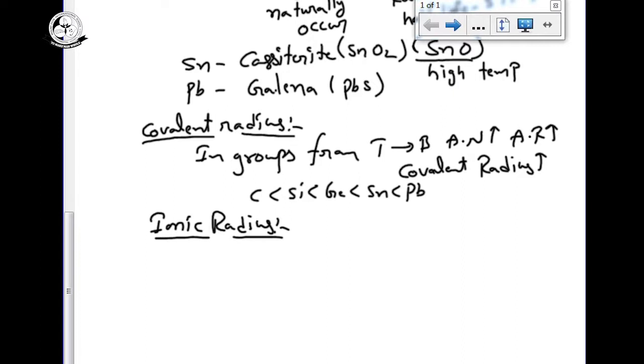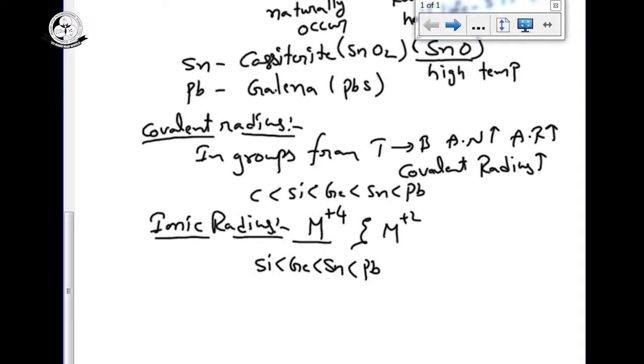Ionic radius means this group of elements can be available in the form of two ions, that is +4 ion and +2 ion form. For +4, the ionic radius order is silicon, germanium, tin, and lead.